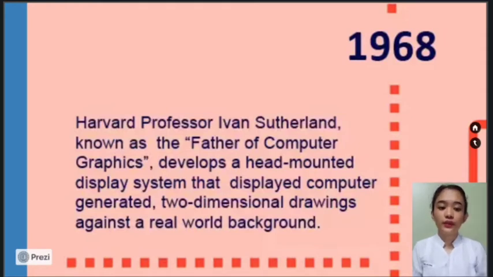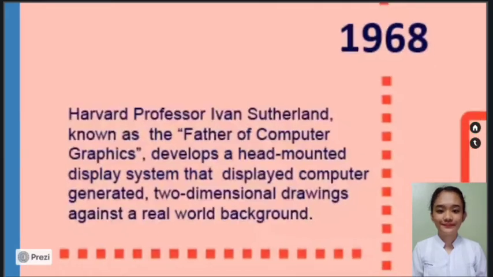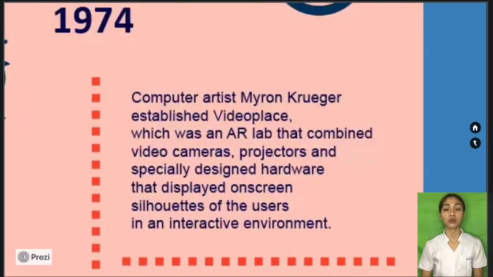The system was primitive both in terms of user interface and realism, and the graphics comprising the virtual environment were simple wireframes. In 1975, Myron Krueger created the Video Place, a room that allows users to interact with virtual objects for the first time.